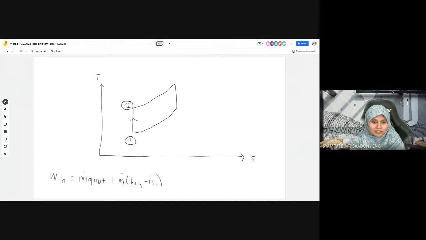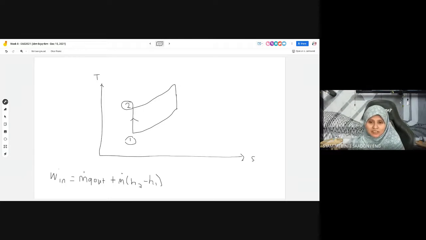Which table? I already drew the TS diagram. I told you earlier where the location is. So I hope that will help you to choose which table and which state the fluid is in. Which table, Zainul?